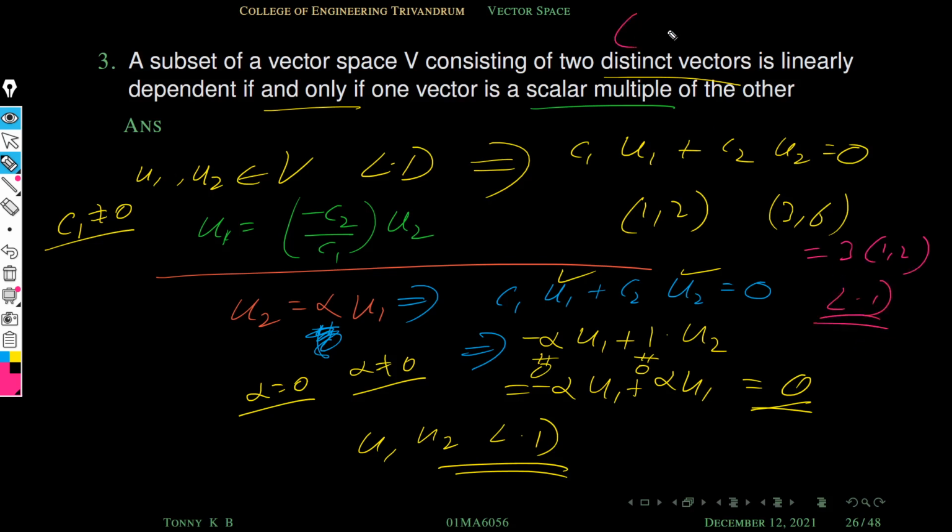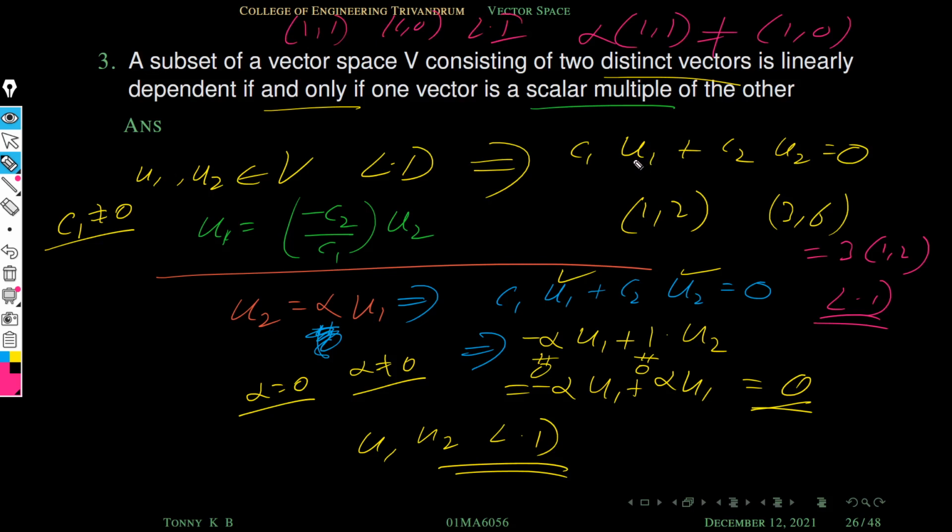Now think about another one: (1, 1) and (1, 0). Are they multiples or not? Never. Whatever the scalar alpha, alpha times this is never equal to this one. Similarly, some scalar times (1, 0) is never equal to this one, because here the second coordinate is always 0. So these two vectors (1, 1) and (1, 0) are linearly independent.